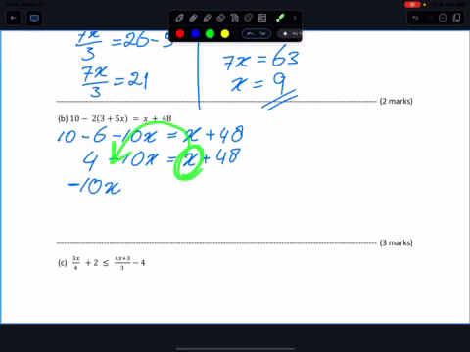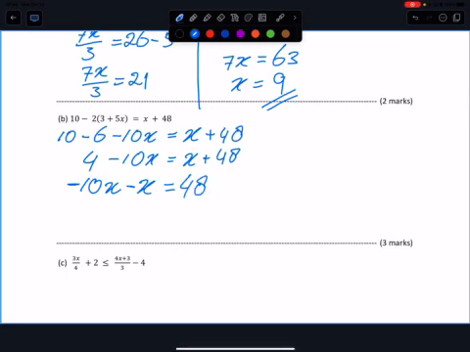Positive x goes to the other side, meaning it becomes negative x. 48 stays where it is. 4 goes to the other side, meaning it becomes negative 4. Add the terms together. Minus 10x subtract x equals minus 11x. 48, you subtract 4 from it, becomes 44. So x equals negative 4.